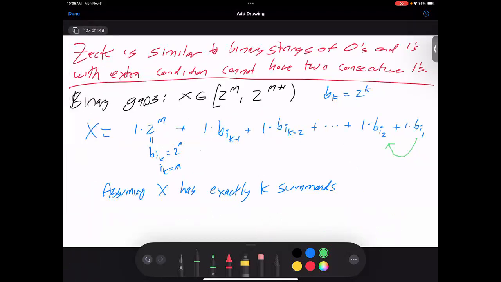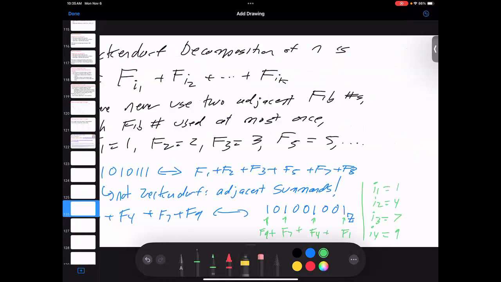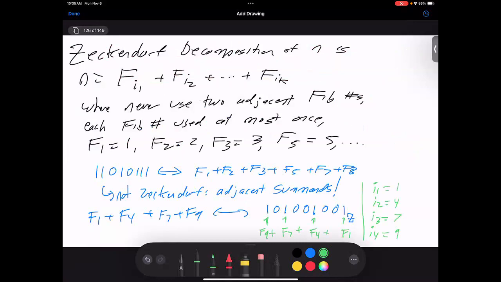So in this case, how far is it from index i_1 to index i_2? 3. And the next one? 3 and then 2. And then 2.